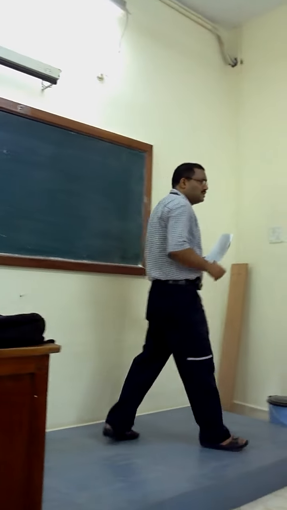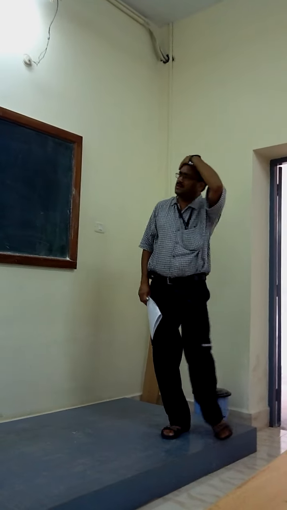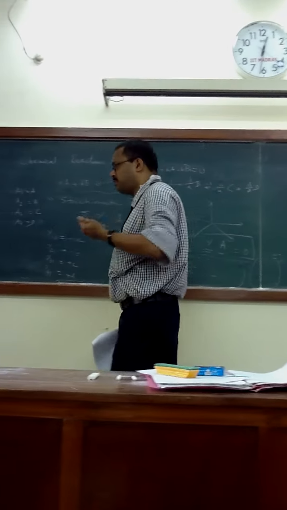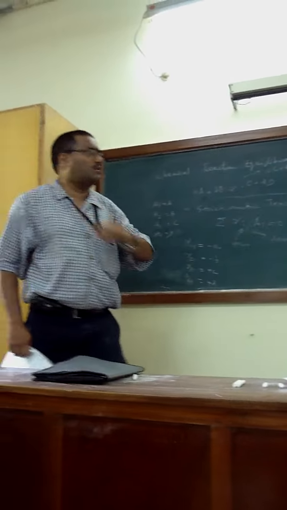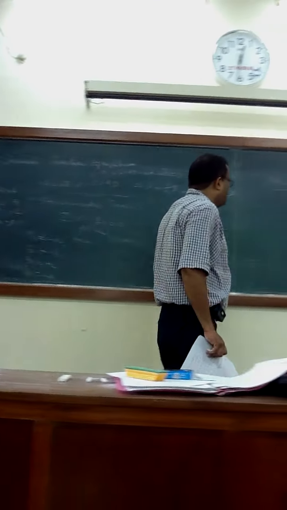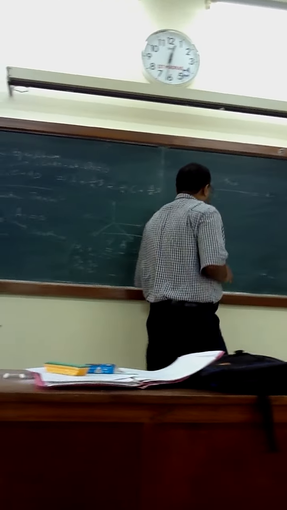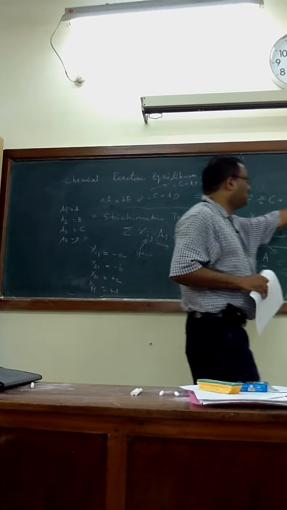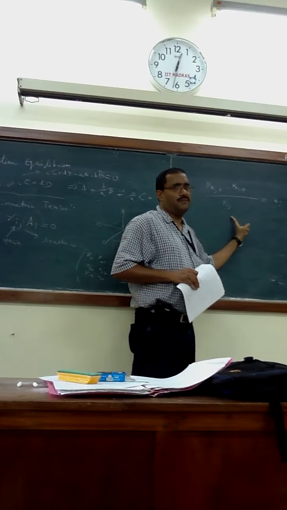In chemical reaction equilibrium, I do not want to talk about multiple reactions. Mostly I will confine myself to a single reaction. So this is the generalized definition of the extent of reaction, with n_i(t) at time t, n_i0 at time 0, and for the jth reaction.